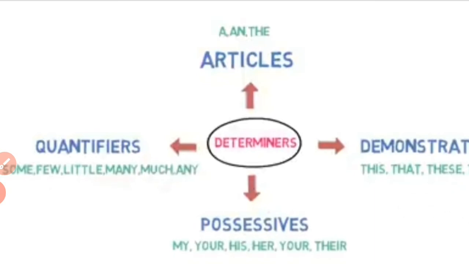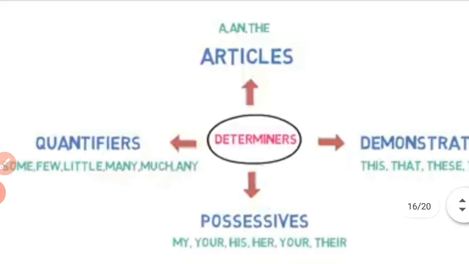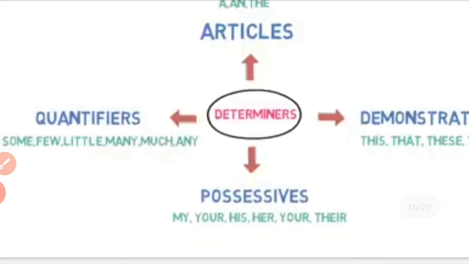Generally we read about 6 types of determiners, but here we are only going to read 4 types. They are articles, which are a and the, and quantifiers, which relate to the quantity of the noun, like some, few, little, many, much, and any.